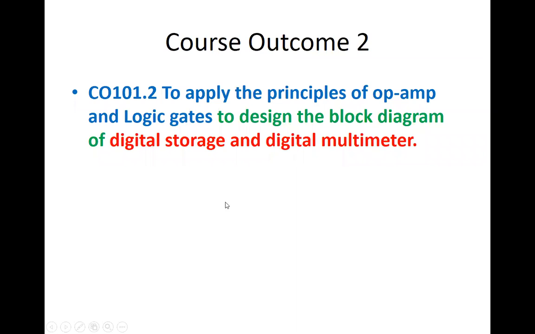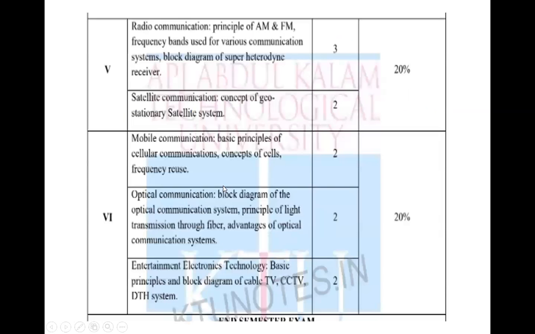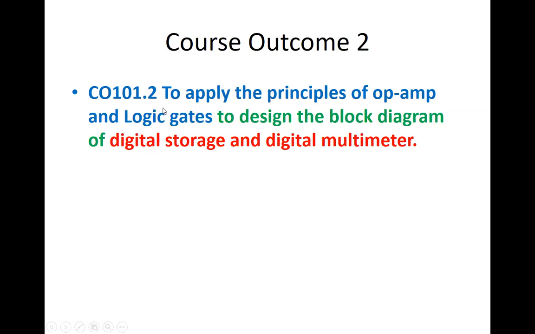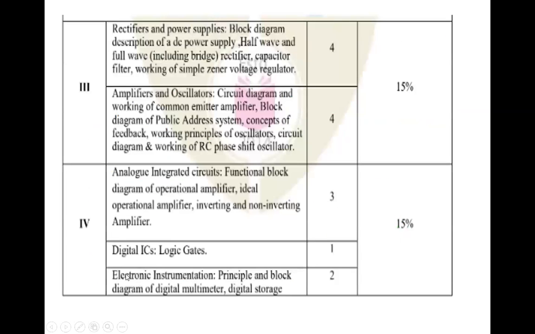So this can be my course outcome 2. Till module 4, I have completed the module outcomes, and from 4 modules, I have got 2 course outcomes.